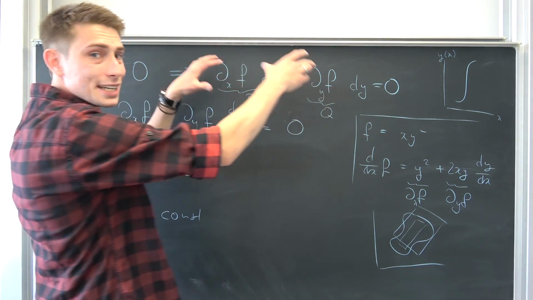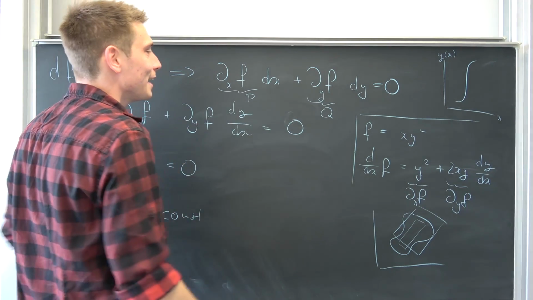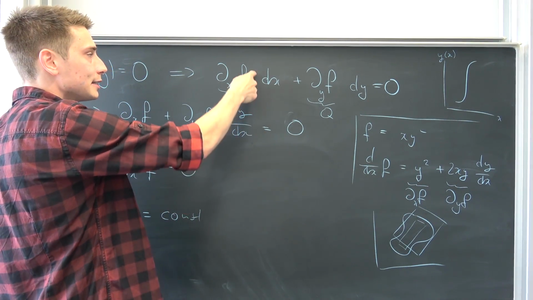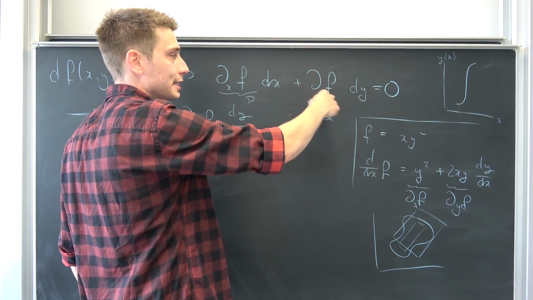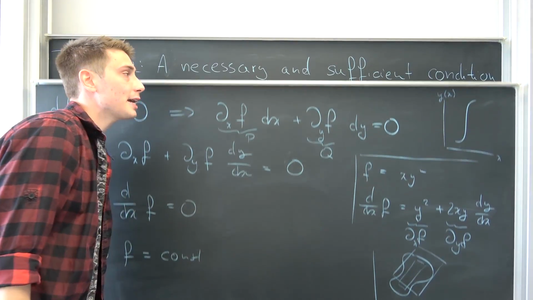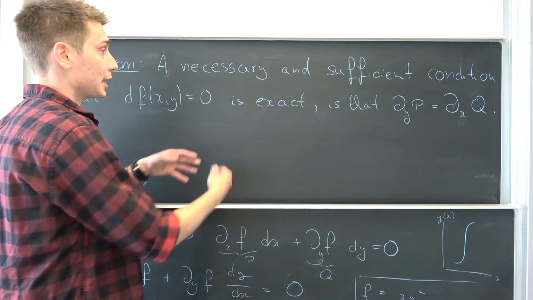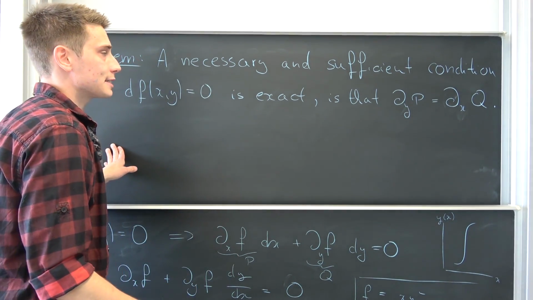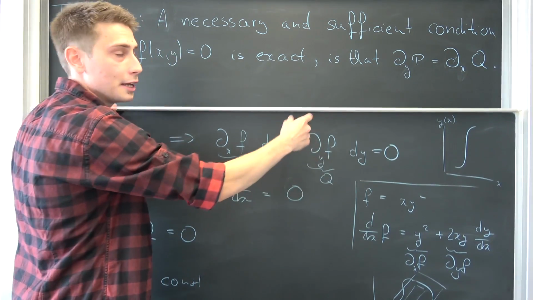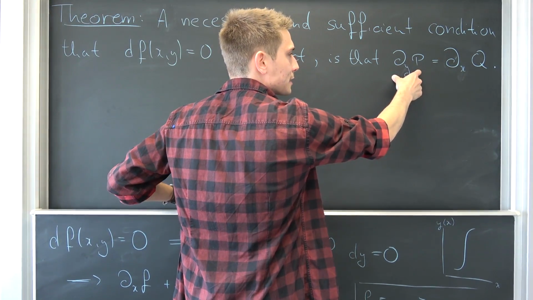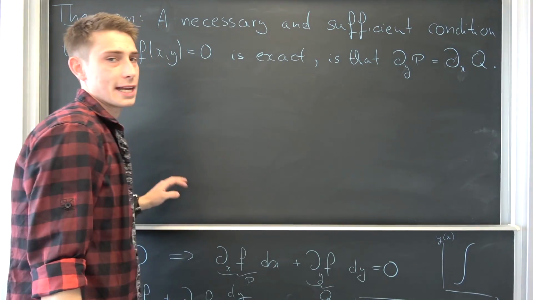This differential equation is exact if our p can be written as del x of f and our q can be written as del y of f. Meaning, what we basically have to prove right here is that those two exist if and only if del y p is equal to del x q.